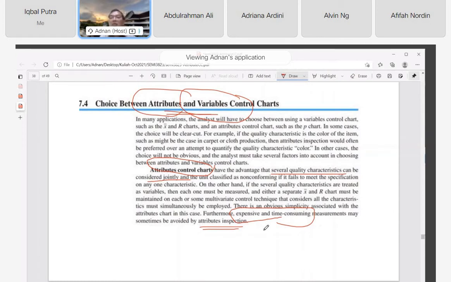We just make it a simple measurement rather than giving numbers for how clear or how blur the print is. So since it's expensive, we just make a measurement using a simple judgment based on attribute, rather than giving specific numbers where you need to measure using equipment.